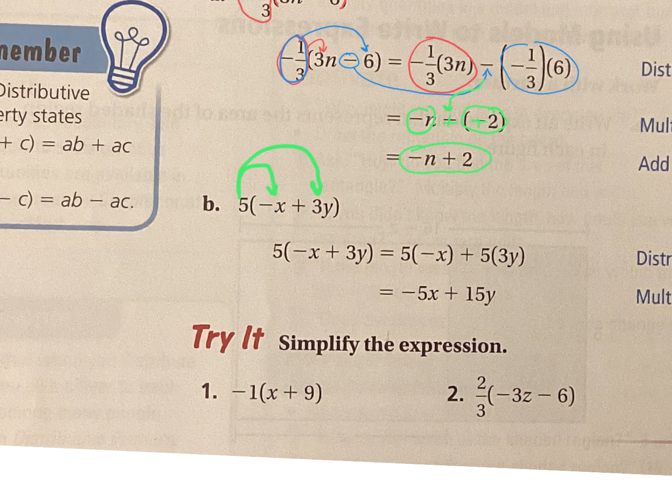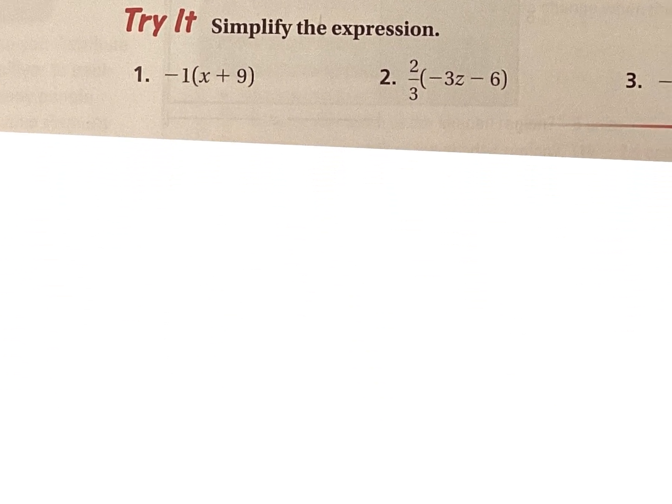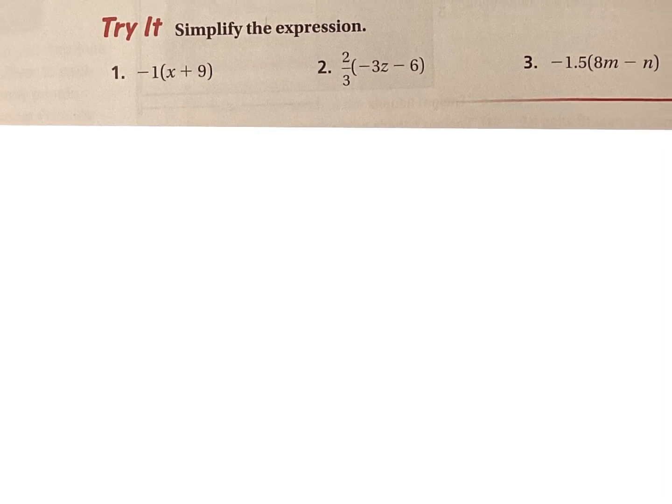Okay? I'm going to do the try-its and show you how I like to do this. Number 1. It is negative 1 times the quantity x plus 9. I always think if I could do something in the parentheses, I'm going to do it, but we don't have like terms, so we can't put those together. So we're going to distribute this negative 1 to this and to this.